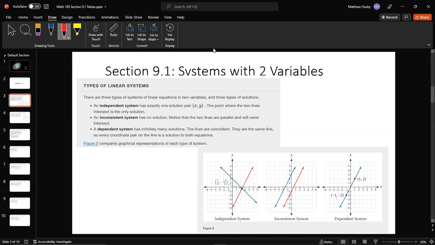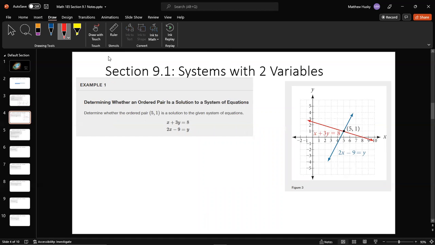There are lots of other points out there that are not solutions, that are not on the line. So depending on if it's on the line in the first place, that would be a solution to the system. And that's called a dependent system. And it's a weird quirk where the two equations happen to describe exactly the same line.